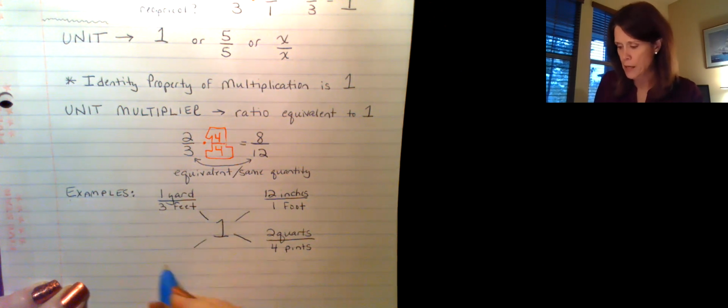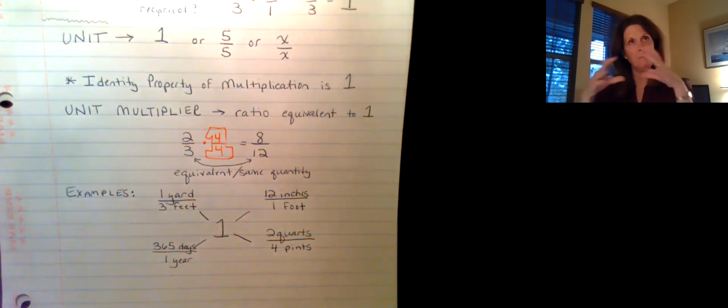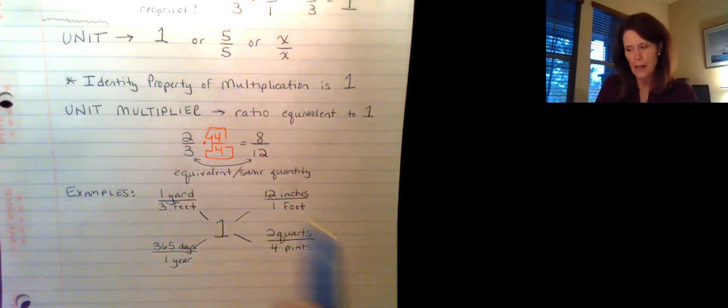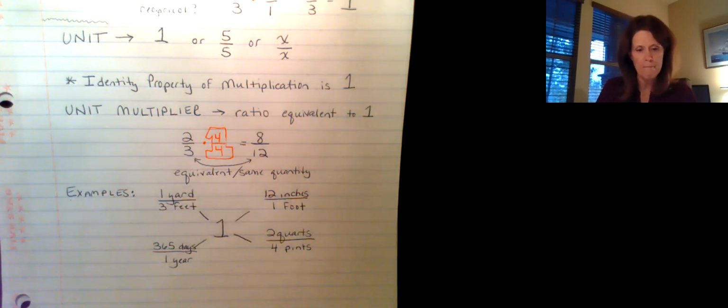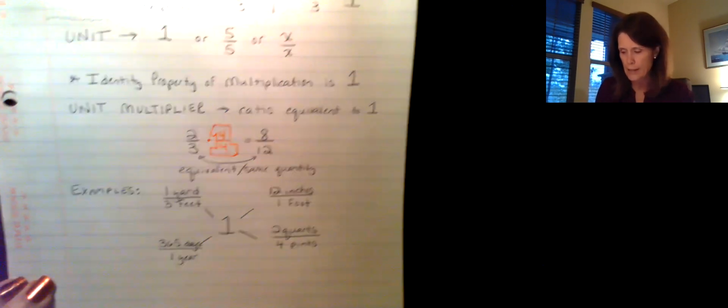Let's do a time one, 365 days. It's equivalent to 1 year. So all of these ratios are equivalent to 1, and therefore we can use them as unit multipliers to create an equivalent or similar or the same quantity, okay? All right, so let's do an example here, right?